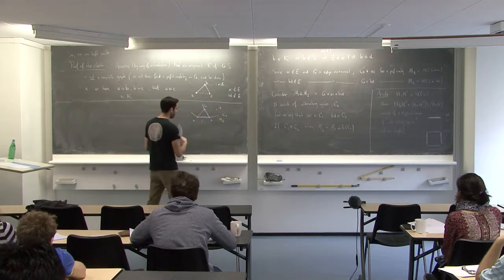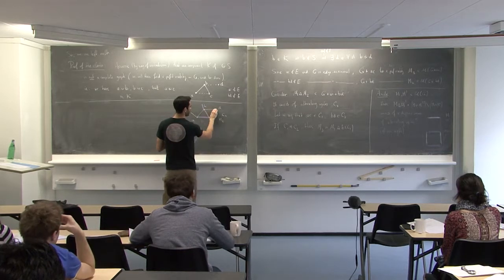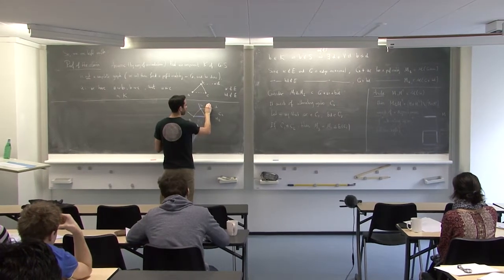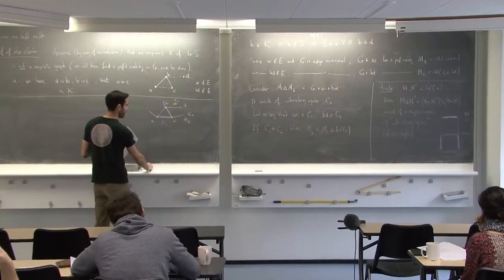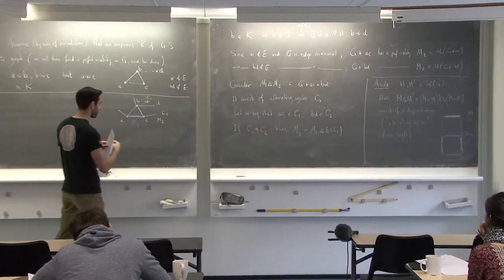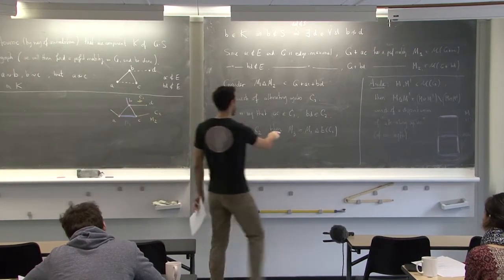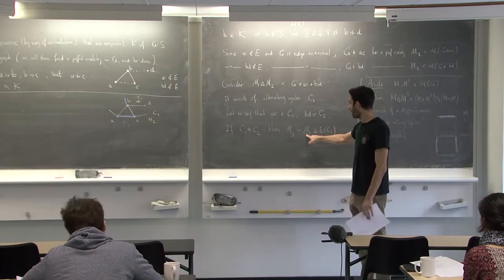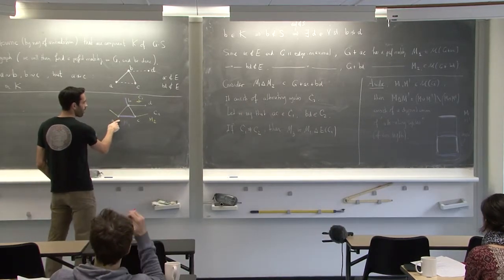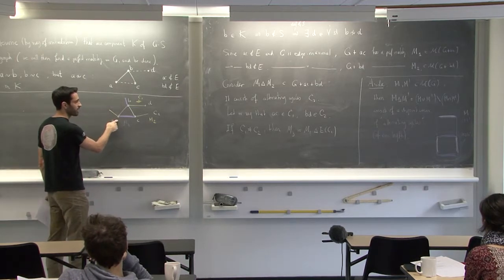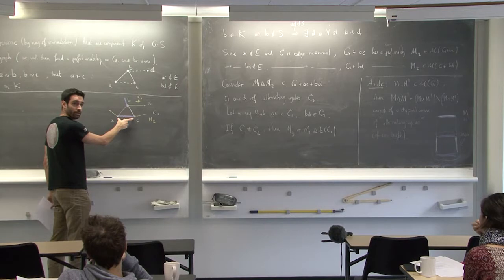And now we're assuming that this edge here, BD, does not belong to C1, but belongs to C2, which is a different cycle. So if this was the case, then if you look at M3, that is, you take M1, what is the trouble with M1? What prevents M1 from being a perfect matching on G? The trouble is that it contains this edge here, which is not on G.